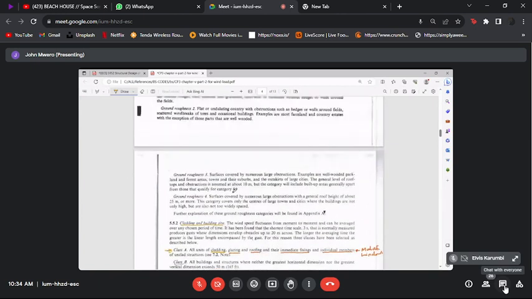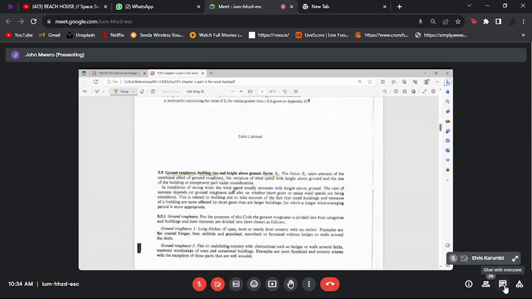And just to remind you, this factor S2 takes care of three items: ground roughness, building size, and height above ground. So we have talked about the height above ground.